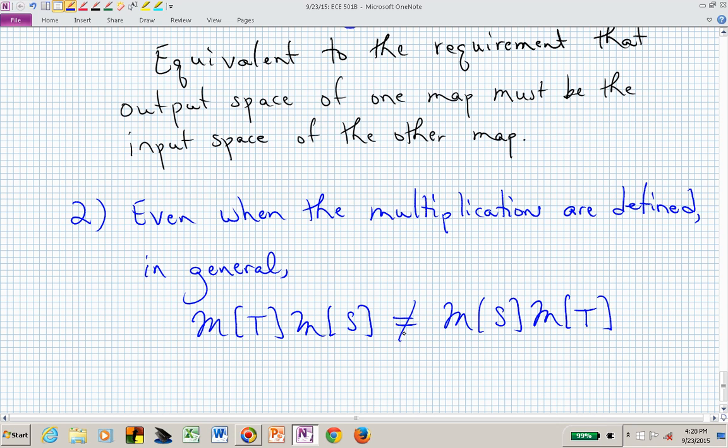Those are not the same, are they? Matrix multiplication may not commute.